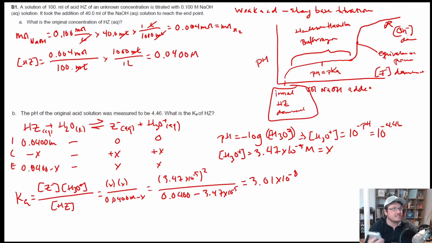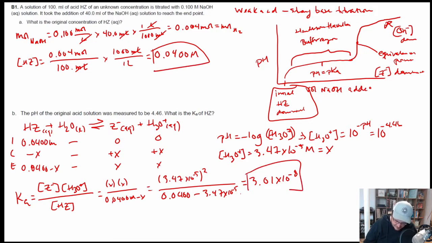That's what I just did, instead of having to type in 3.47 times 10 to the negative fifth, I simply stored it as X, and then put in X squared divided by 0.0400 minus X. That's a very easy way to quickly do that instead of having to retype this stuff in and accidentally making mistakes. So that's a little tip on how to use your calculator in case you're not aware. But that's how you get the Ka in that case.